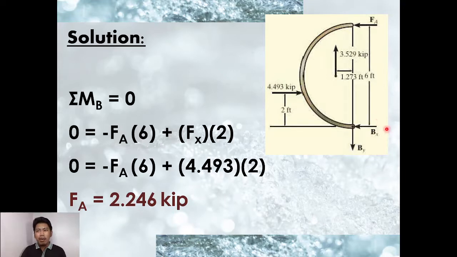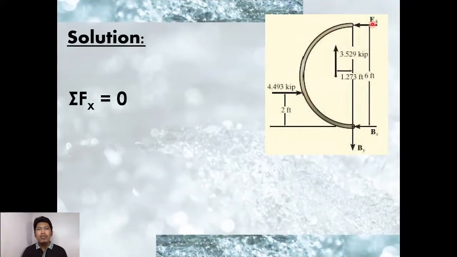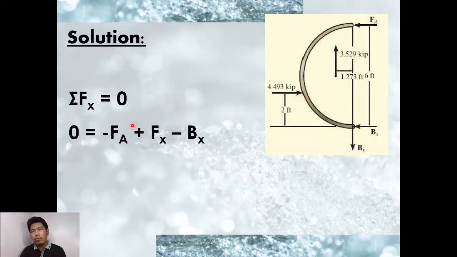Now, to compute B sub X, there are two ways. One, sum the moments at point A. Or, to make it easier, if you are sure that the F sub A you computed is correct, sum the forces along the horizontal. For horizontal forces, rightward is positive, leftward is negative.